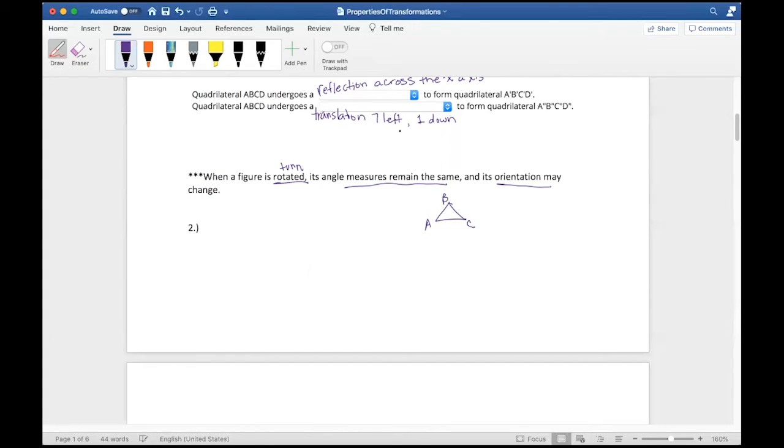But if I'm going to turn it, I may turn it on its side. And so now if I were to turn or rotate it, A might end up over here, B here, and C. So it's still the same triangle, the angles, the sides, everything stays the same, but the orientation is what changed.